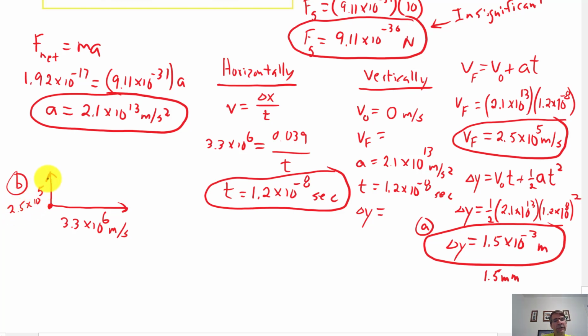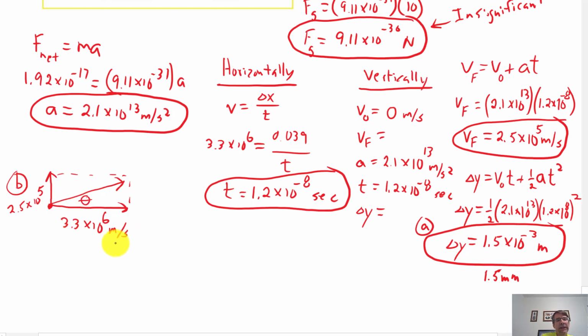That was the answer we got earlier, the vertical velocity it exits at, because it accelerated. So this is just the basic Pythagorean theorem. I could use a squared plus b squared equals c squared to get the actual exit velocity, but it doesn't ask for the exit velocity, just the exit angle.